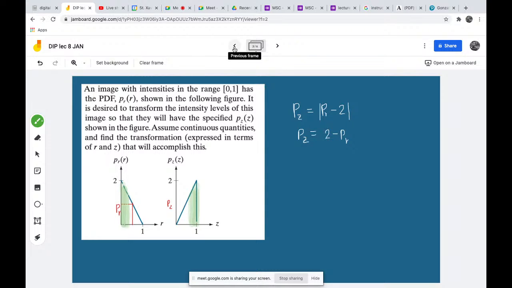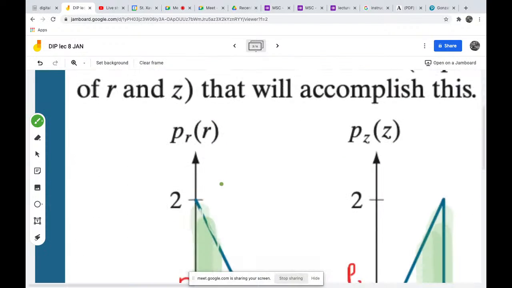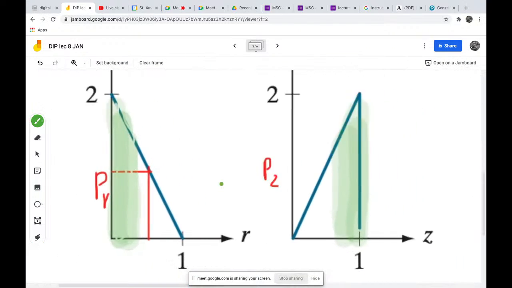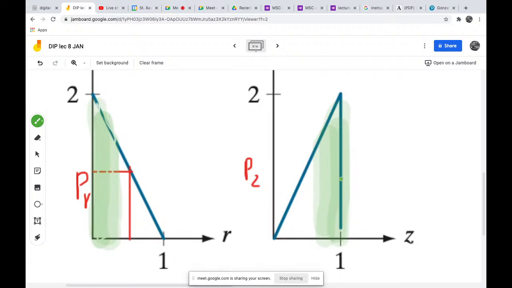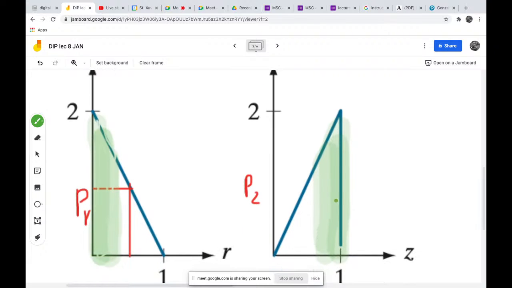I think it has been drawn just to give a representation. My feeling is that if you consider a vertical line, then this will become a multi-valued function. Like for z equal to 1, your p(z) has multiple values, and it becomes very challenging. So it does not make sense to me, at least.